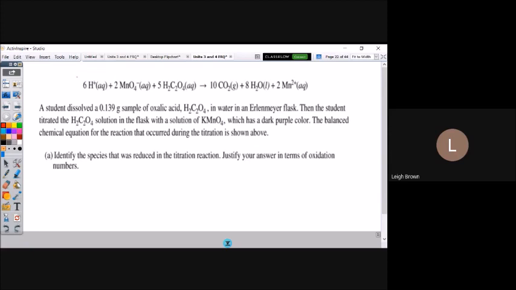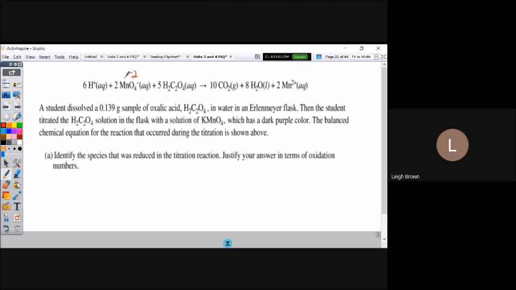And then I look on the other side, hydrogen's in water. I know hydrogen's not changing. That's not going to be my answer. So the next element I come to is manganese. And it's in a polyatomic ion. And I know that oxygen is going to be -2. And oxygen probably isn't going to be the answer either.